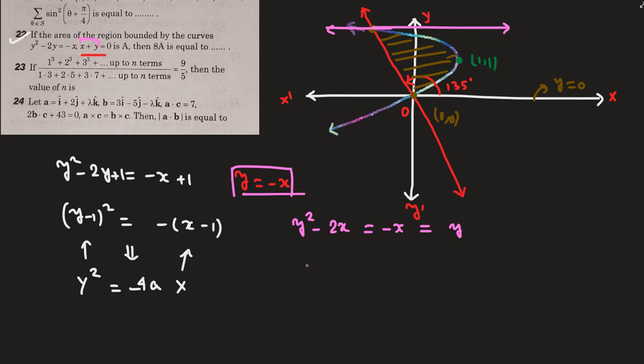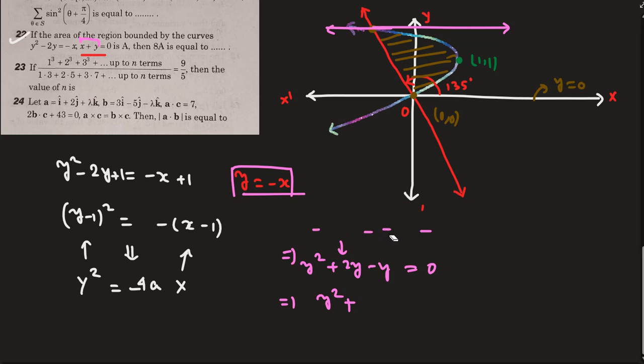Now we solve this: where we have x, we put y. So y square minus 2y plus y equals 0, plugging in y equal to minus x, or x equal to minus y. Let me solve this equation clearly.